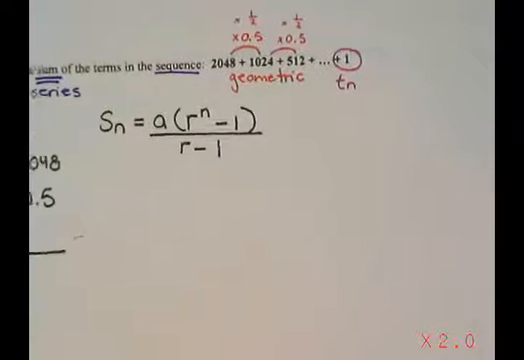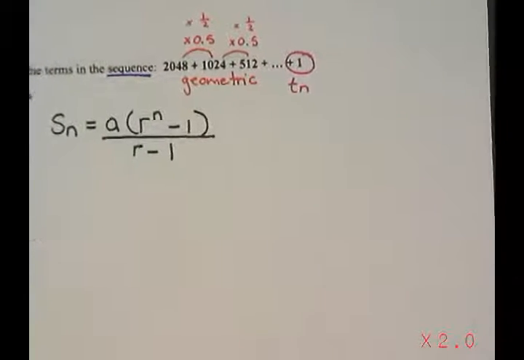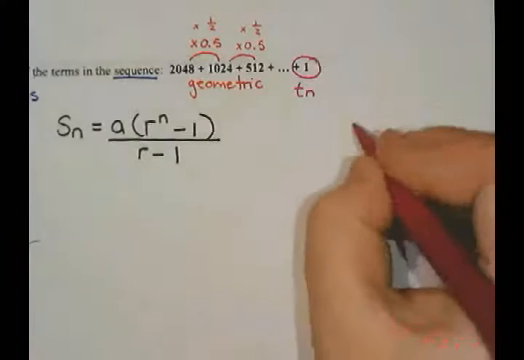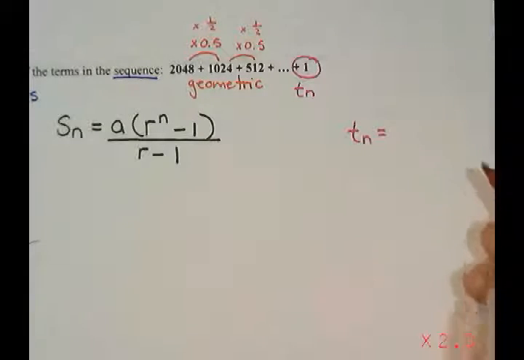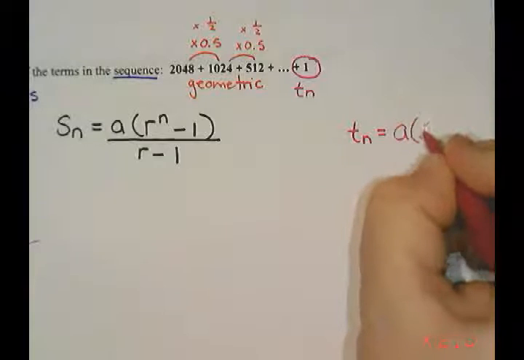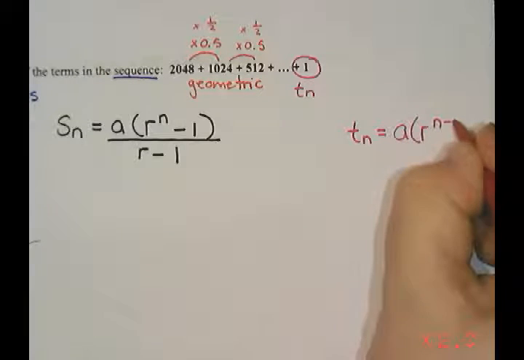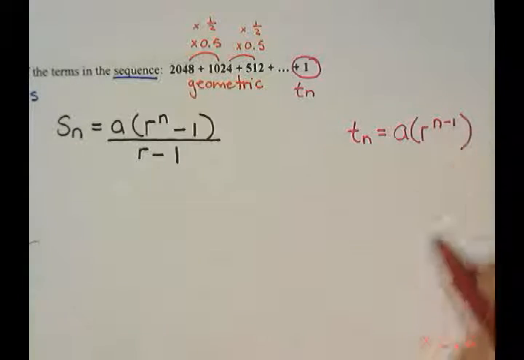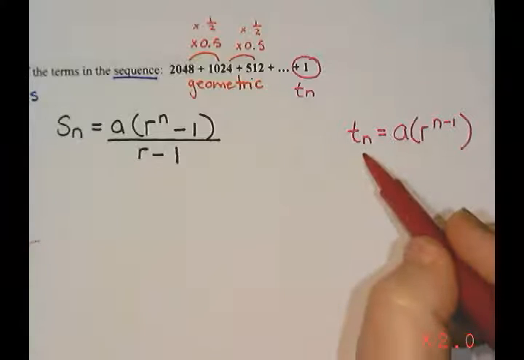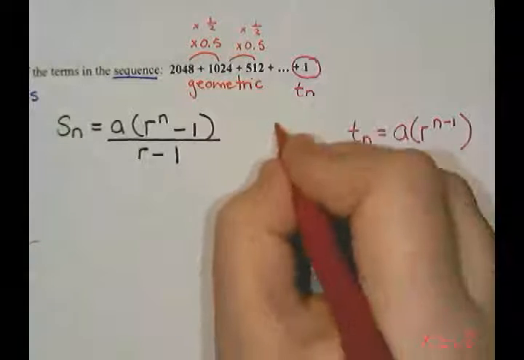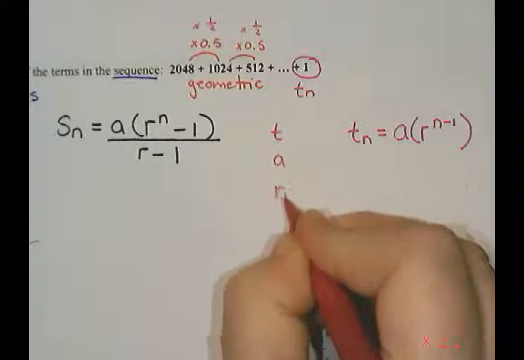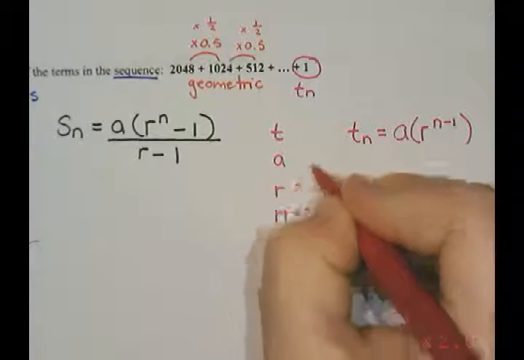So we're just going to slide over here, and we're going to figure out what term this is using our term formula for geometric sequences. So that one is Tn equals A times R to the power of n take away 1. Now that one is in the exponent. So I know Tn in this case is 1, and I can list my values if that helps.